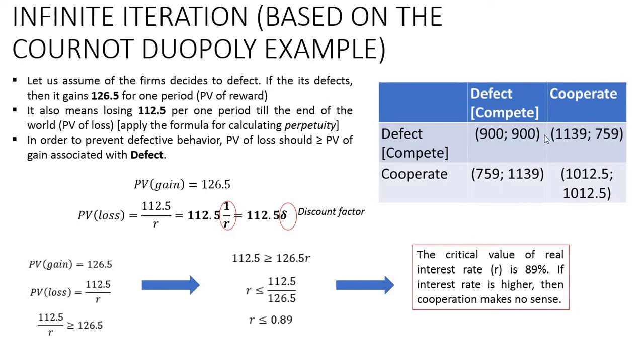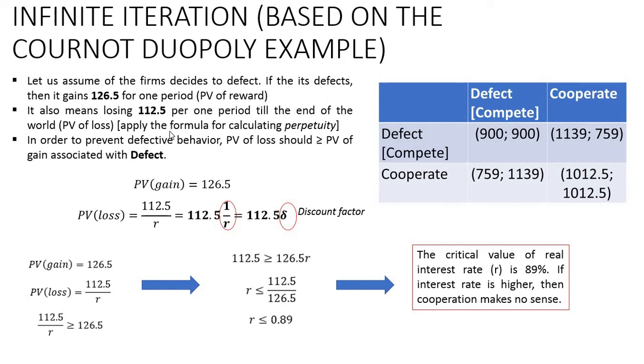So from now on till the end of the world, this is the outcome. Like I know that the second player will never ever cooperate with me again. So as a rational player, I also defect. So we end up here and we are stuck here. Okay, so 126.5 is the present value of the reward. We do not discount because it occurs here now at the current period.